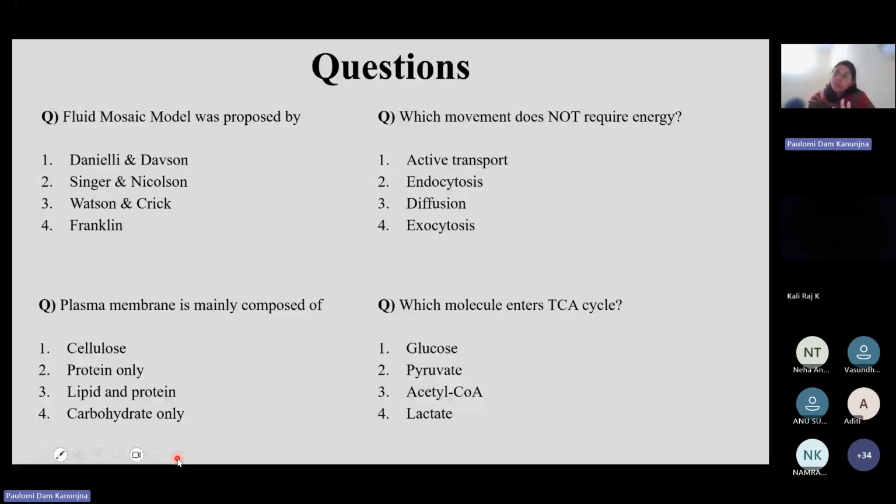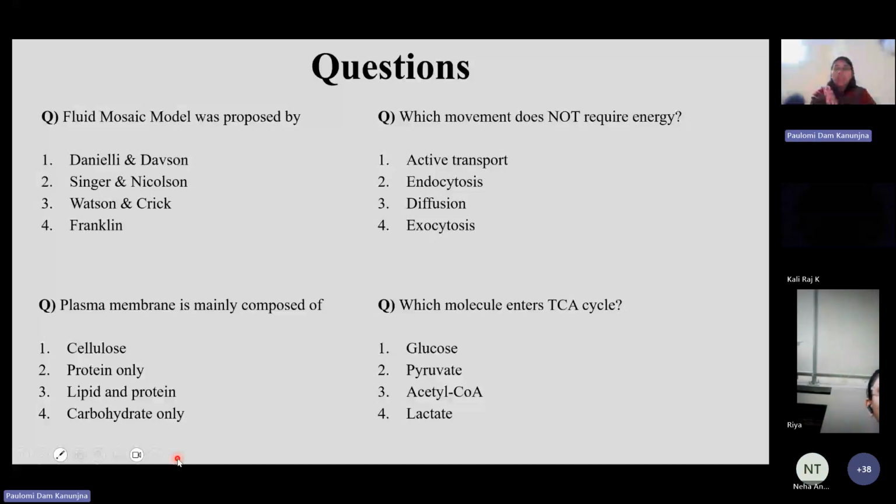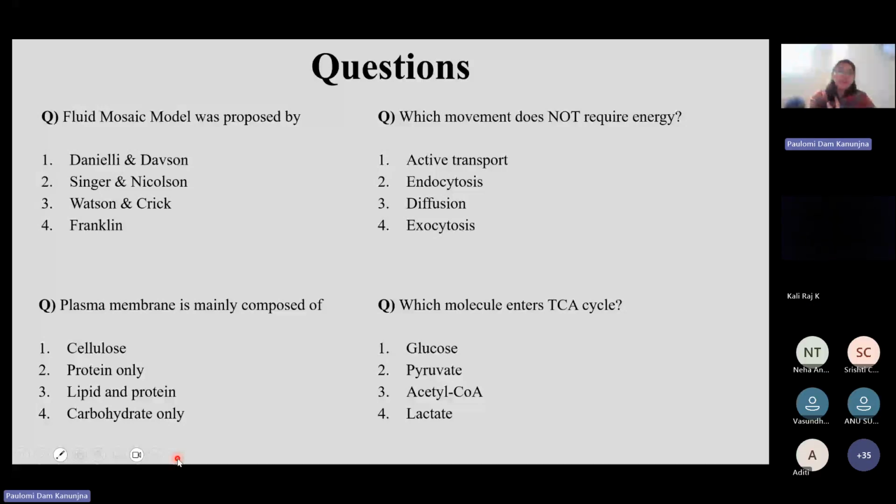Out of these movements, which do not require energy? And the plasma membrane is mainly composed of which biomolecule? And which of the molecules enter the TCA cycle? I'll explain the TCA cycle's importance after we come to the answers.